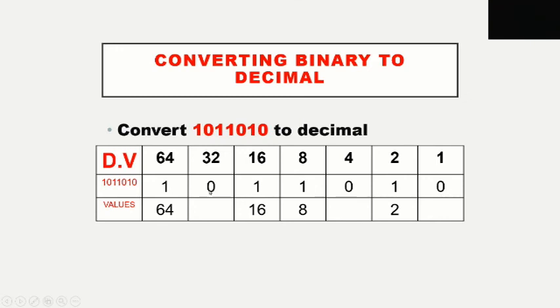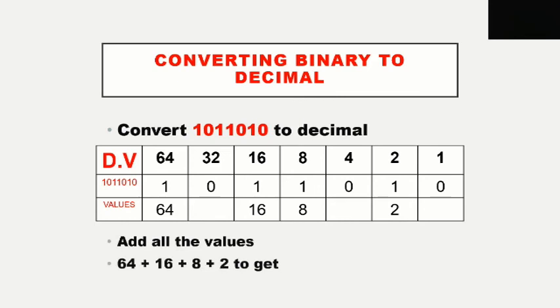All digits with 0, we will not use. So we have 64, 16, 8, and 2 only. Getting their decimal values and adding all of them, 64 plus 16 plus 8 plus 2, we have a decimal value of 90.